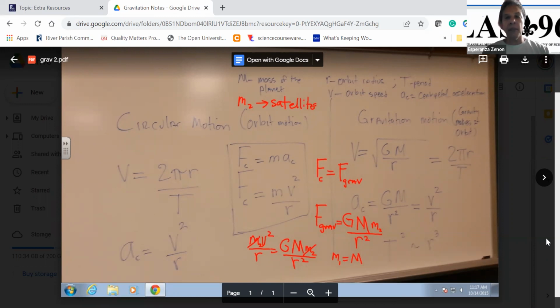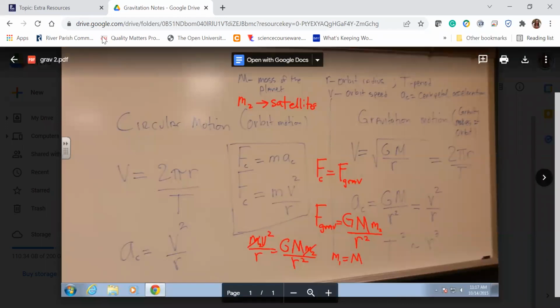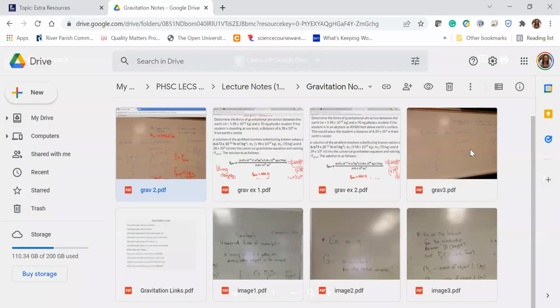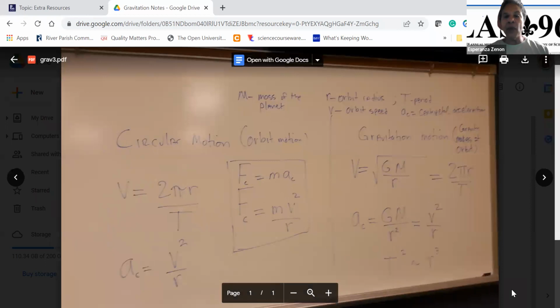All right, any questions about that? No, ma'am. All right, and the last picture is pretty much the same thing without the red writing, because I'm never going to ask you to derive any of that stuff.